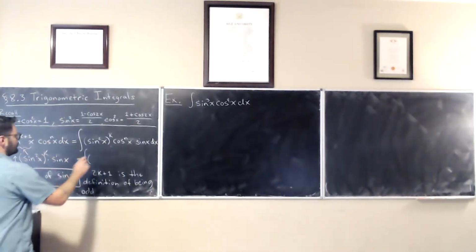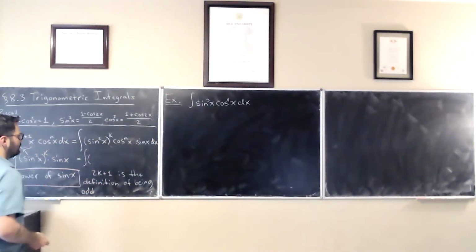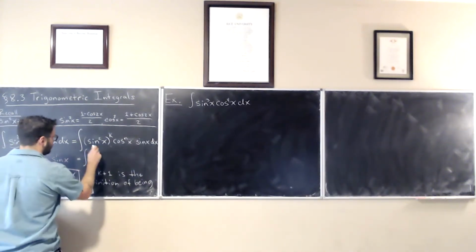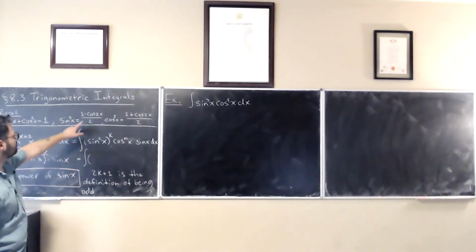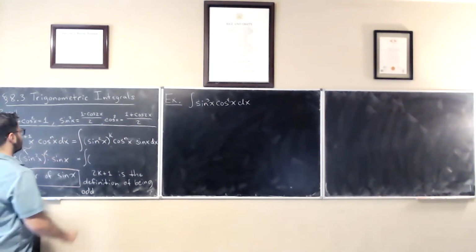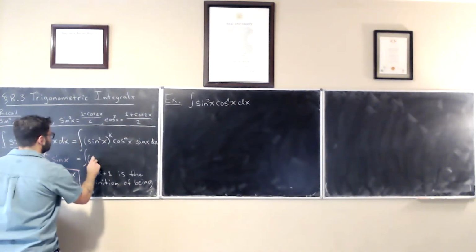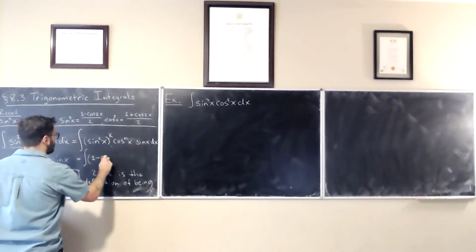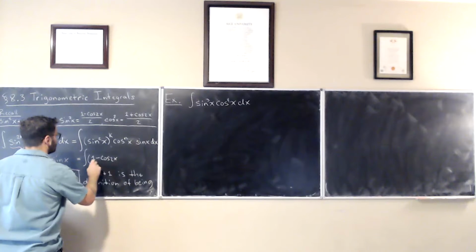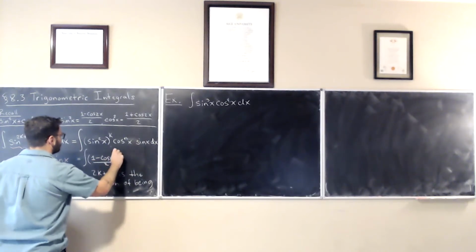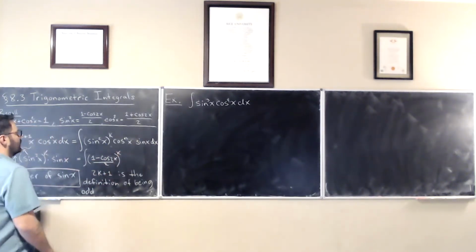And why would you do this? Well, once you have it in this form, you can then replace sine squared by this identity here, all to the power k.